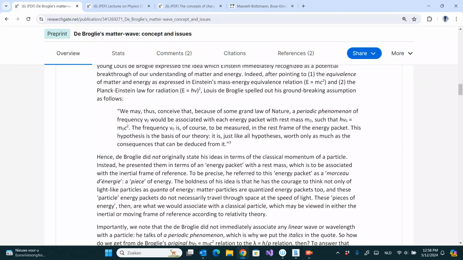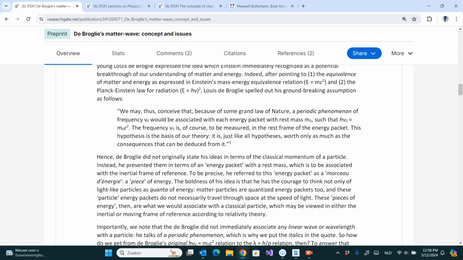So h times nu 0 must be equal to the energy associated with that oscillating energy packet, and because of Einstein's mass-energy equivalence, that must be equal to m0 times c². The 0 is, of course, because in m0 we measure the mass of a matter particle in the rest frame of that particle, and then he goes on and on.